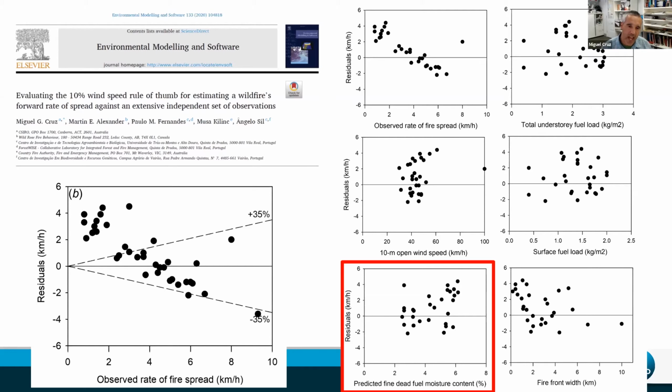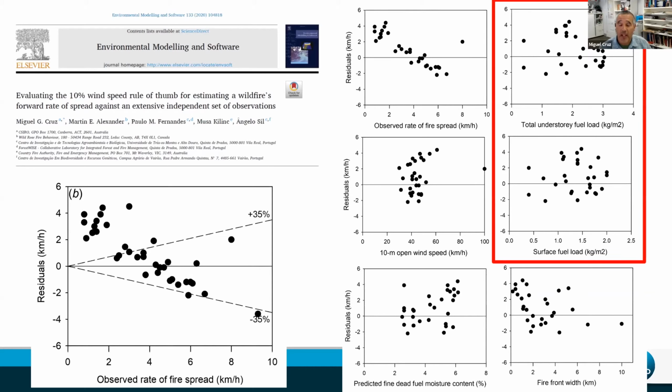So it seems that as the fuels become critically dry, lowering the moisture content is not really having an effect anymore. So moisture content is not a limiting factor anymore in terms of heat transfer that drives the fire forward.